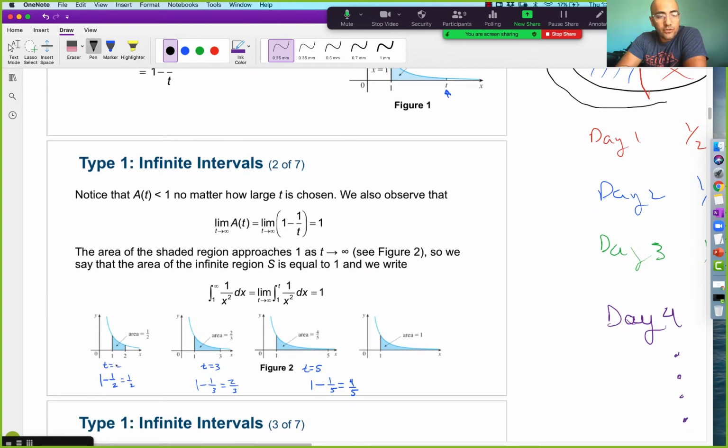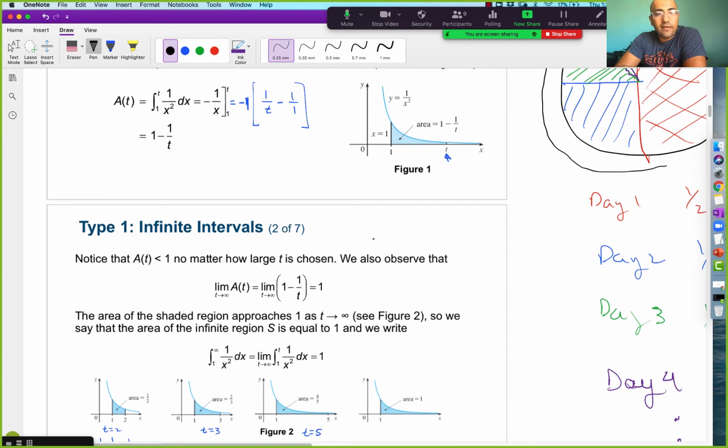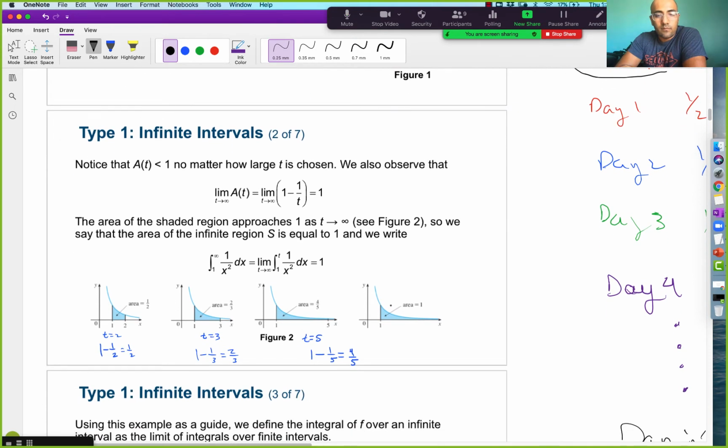So if t is 2, then the area trapped in there is a half. If t is 3, that area is 2/3, and so on. But when we evaluated our result by letting t go to infinity, we got that the answer was 1. That means that exact area, as this goes all the way out to infinity, is equal to 1. It's not approximately 1, it is 1.